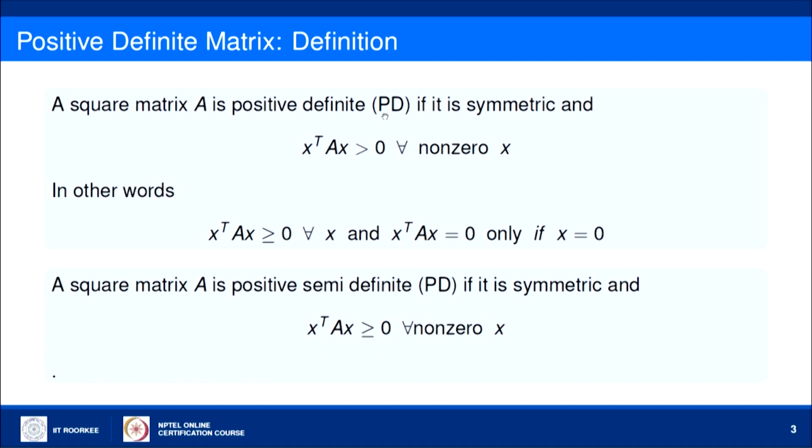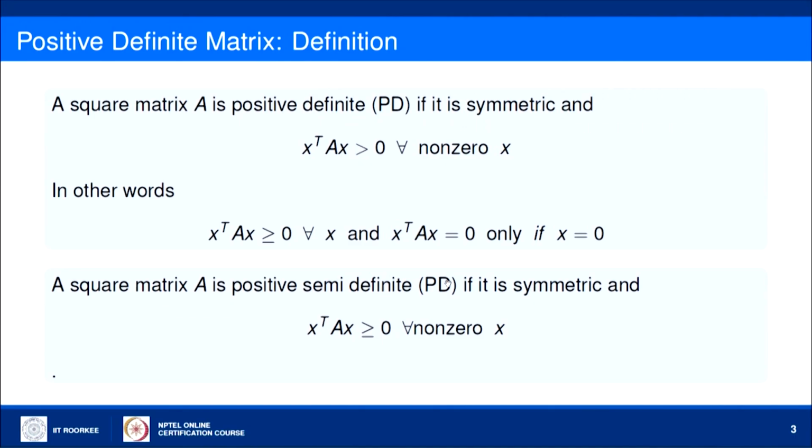In short, I am saying it PD, P for positive and D for definite. The same definition in other words can be written like this: x transpose A x is greater than or equal to 0 for all x, and this expression will be 0 only if x equals 0. So this is the definition of a positive definite matrix.